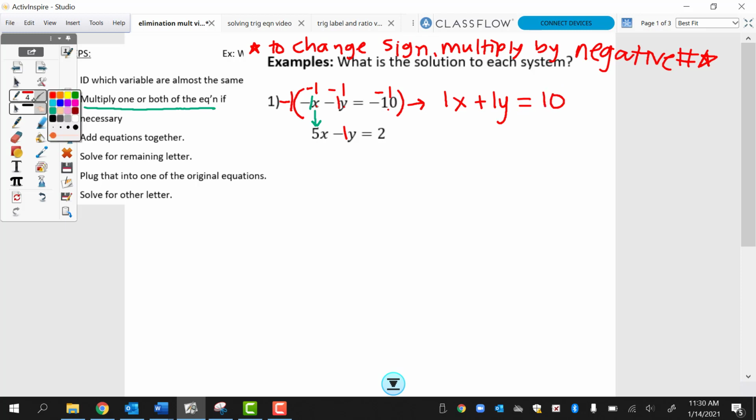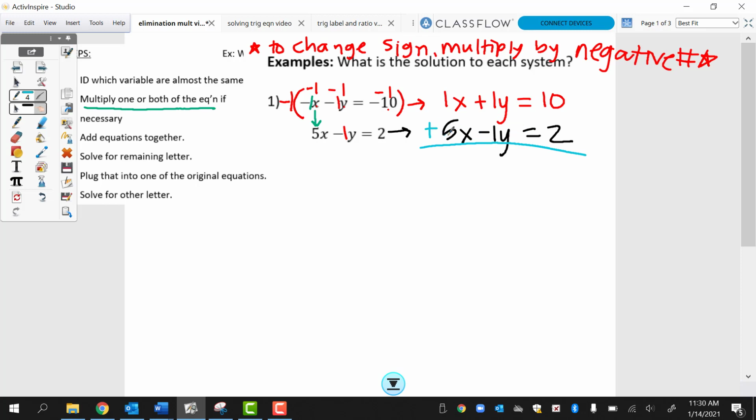Good for me. The other equation, I don't need to change, so I'm just going to copy it over underneath and not change anything about it. Okay. Now, when I add them together, if I add these equations now, either the x or the y is going to add up to 0.